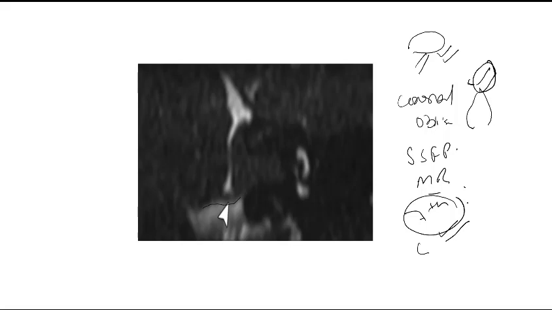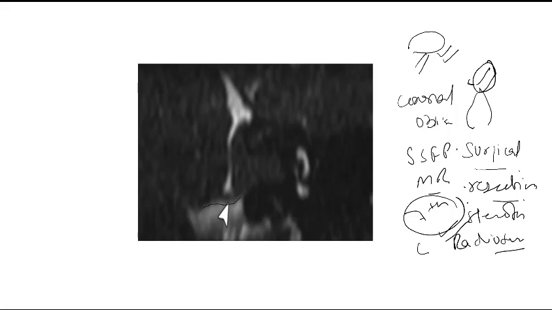Since the 7th cranial nerve is involved, it's a contraindication for surgical resection. So the surgeon can now do a stereotactic radiosurgery. That's why these SSFP sequences give clues to the surgeons to decide which type of surgery they should do.